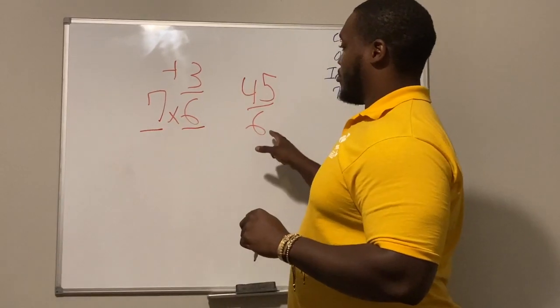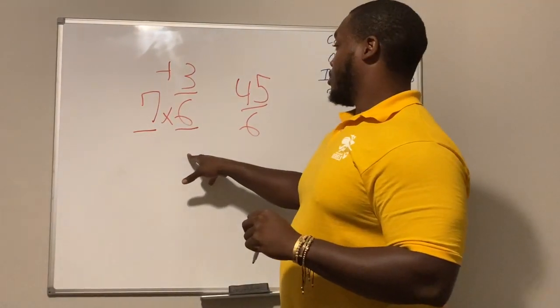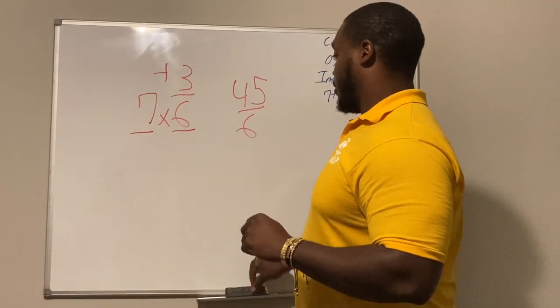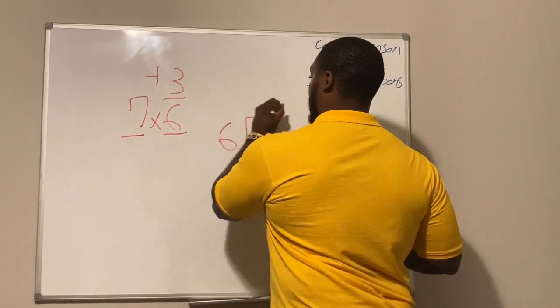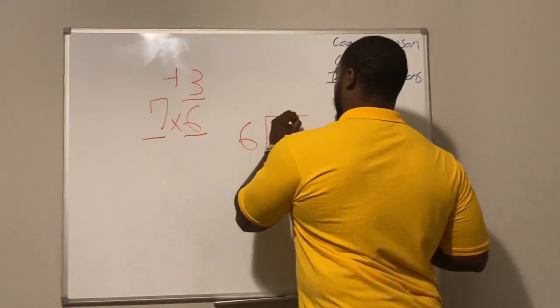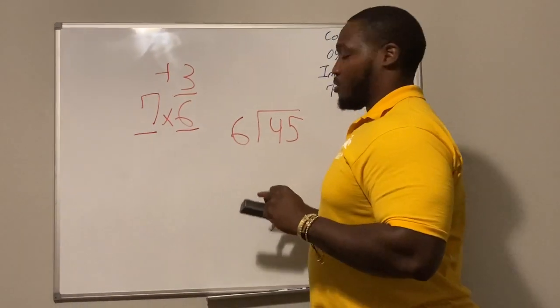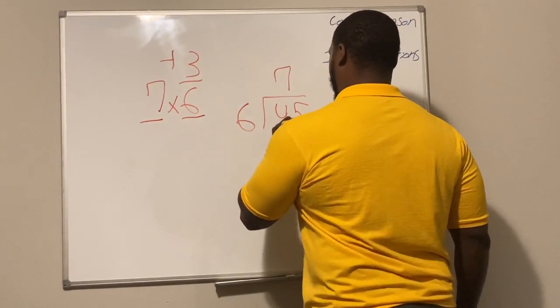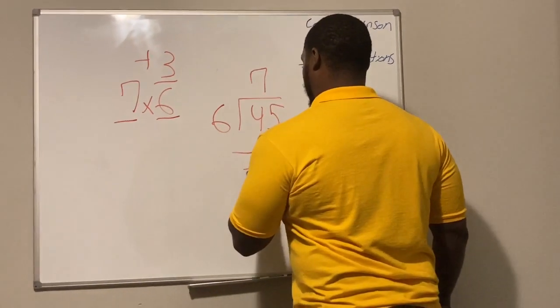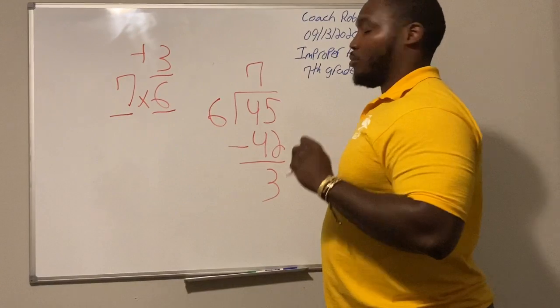In order to turn the improper fraction back into the mixed number, you have to divide 6 into 45. All right. So 6 goes into 45. We know 6 times 7 is 42. 45 minus 42 is 3. Now remember the rules.